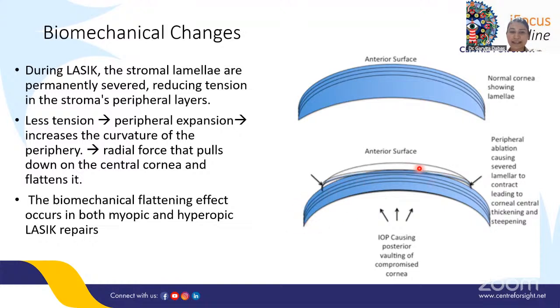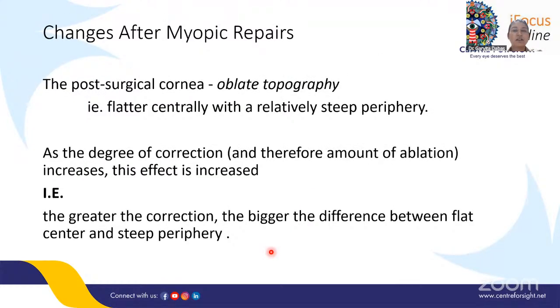This biomechanical flattening effect can occur in both myopic and hyperopic LASIK repairs, because both cause severance of the lamellae of the stroma, which can cause these biomechanical changes. Talking particularly about myopic ablation, the post-surgical cornea changes from a prolate to an oblate topography.